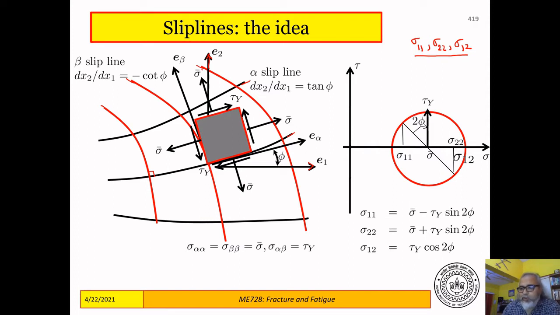Now I can use the Mohr circle. So this point represents my, let's say, one plane, and this point represents my two plane. So I can plot sigma 1 1. This is sigma 1 2 at the point, and then I can plot sigma 2 2 and then sigma 1 2 on the other side, join these 2 points, draw this Mohr circle.